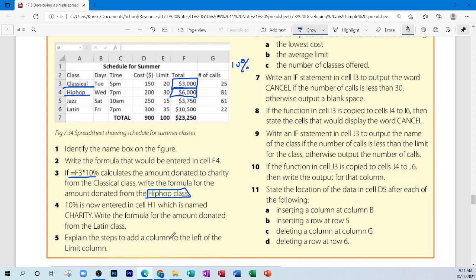What is inside of H1? Sir, the 10%. Good, the 10% is inside of H1. So if you were to copy that formula to somewhere else, if you had used H1, what would happen?